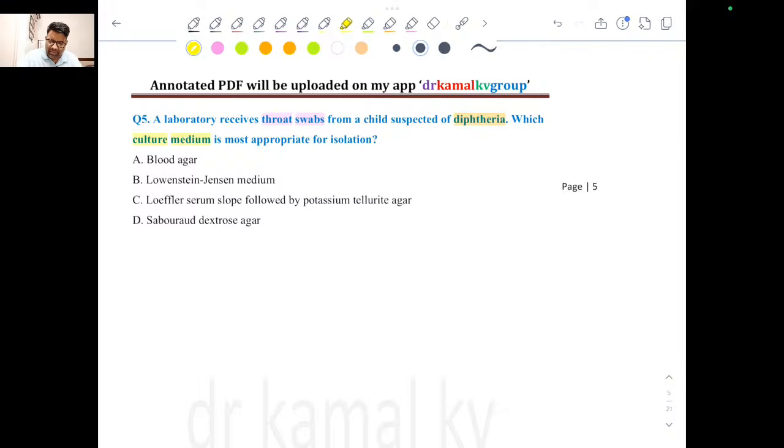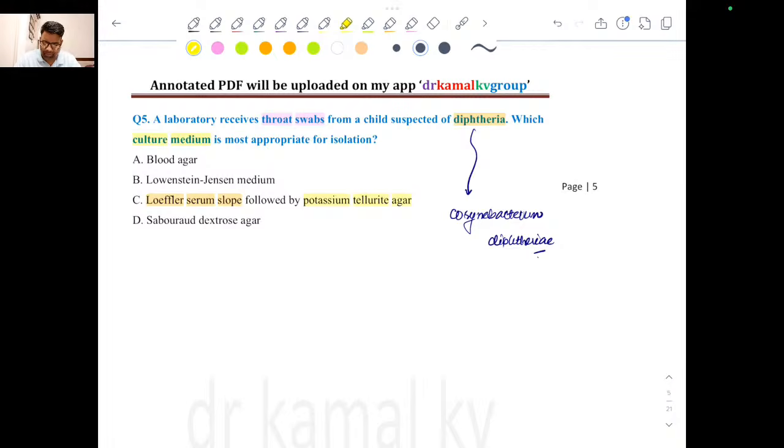So, I think yes, everyone can mark, like this is diphtheria. So, this is Corynebacterium diphtheriae, and I think everyone will answer it, Loeffler serum slope followed by potassium tellurite agar. So, that is very obvious, right. So, the answer has to be C here.